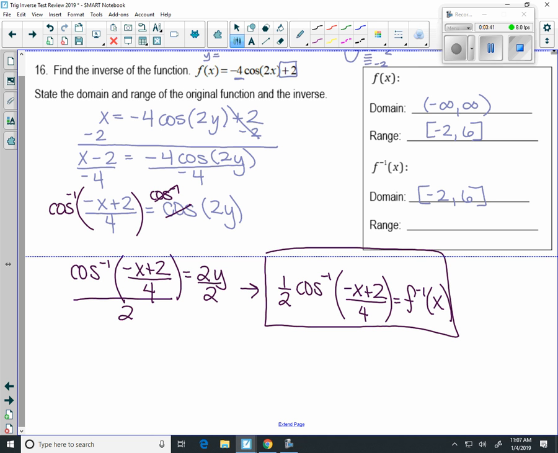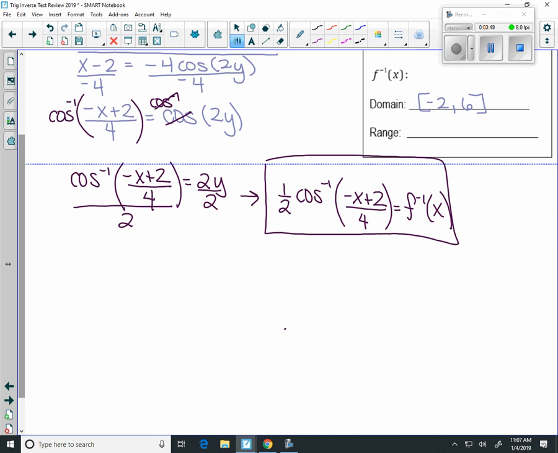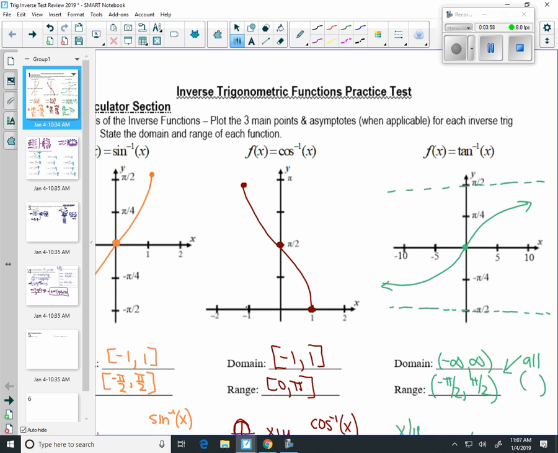Now, for the range, we have to know what the range of the original function is in order to find the range of our transformation of the inverse here. So if we flip back to the very first slide that we did, our original cosine graph, the range is 0 to pi, right here.